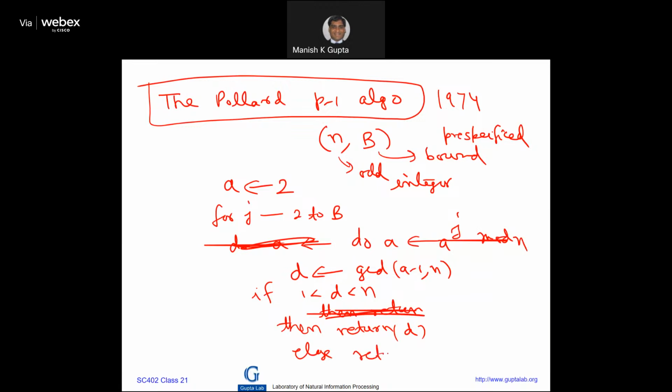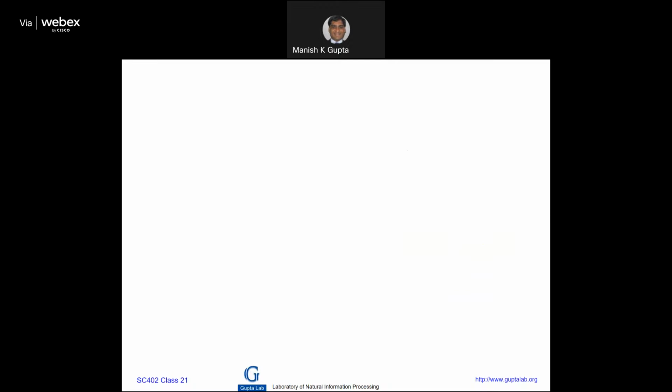Else return failure. So two inputs, n and b, where n is an odd integer and b is a specified bound. Then for this loop we keep on computing a raised to power j, and then you compute the GCD of a minus 1 and n, and based on the condition on d, you return. Let me show you the working of this algorithm.